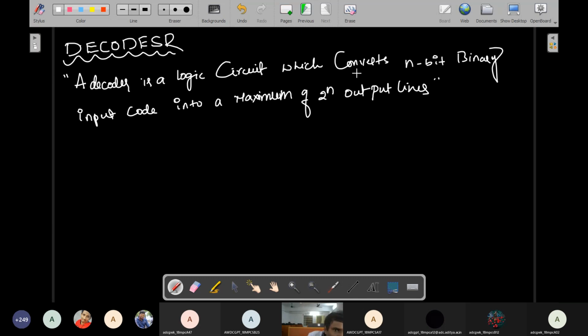So a decoder contains n input lines and 2 power n output lines. Otherwise, you can write another definition.